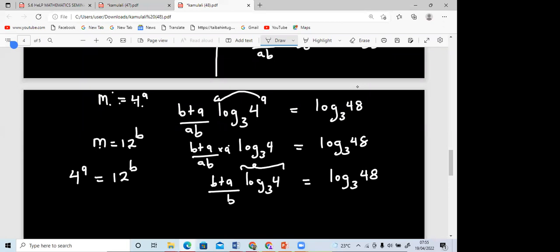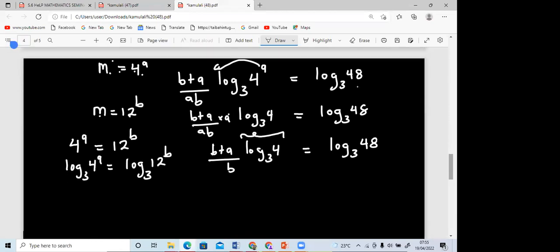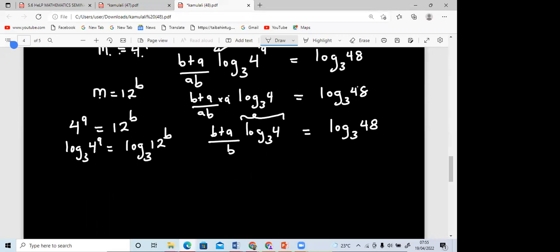But I come back here. I introduce log base 3 on both sides of 4 to the power a equals 12 to the power b. You're going to notice that this a and b can drop. So I have a log base 3 of 4 equaling, on this side, b log base 3 of 12.